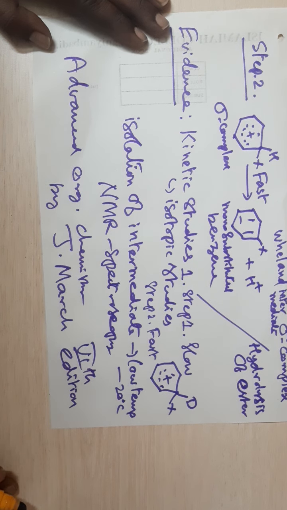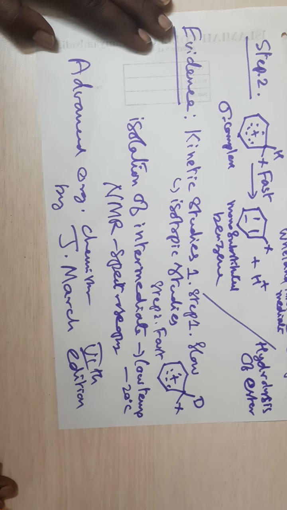You can keep this book as your asset, as your property. Even after completing your MSc Chemistry, if you go for any interviews, you can use the book for preparation. If you go for preparation for any competitive examinations related to chemistry, some of you may become teachers. If you go for the TRB examination, some of you may become professors. If you go for NET or SLET, the National Eligibility Test or the State Level Eligibility Test, you can use this book for your preparation.